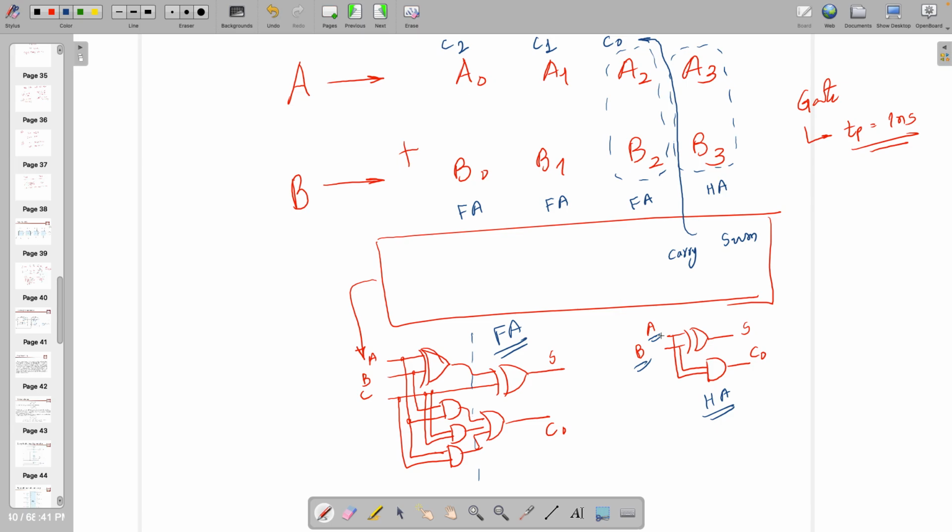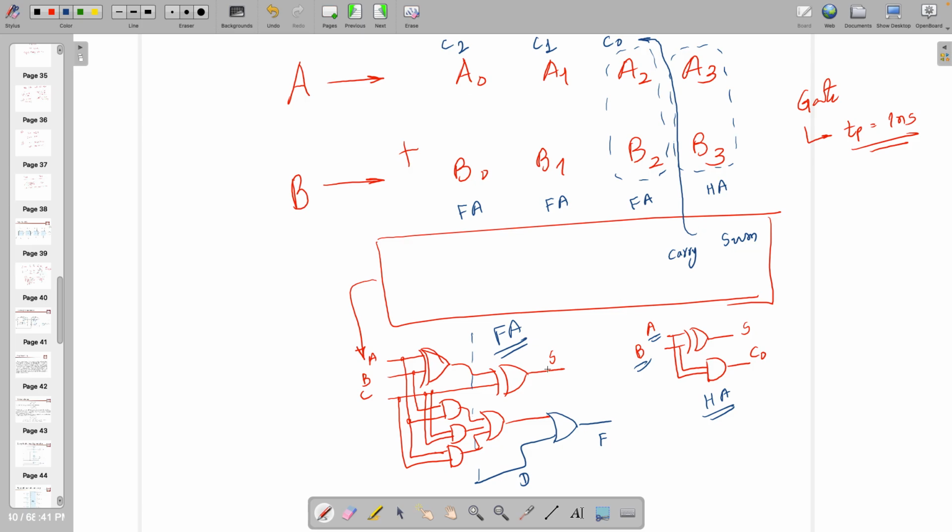You have to understand both are in parallel first of all, and you have to look at the critical path. Where is the critical path? The critical path is the one which is consuming the maximum time, right? If it is something like this, some f function is there, then sum and f both are available after 3 nanosecond.